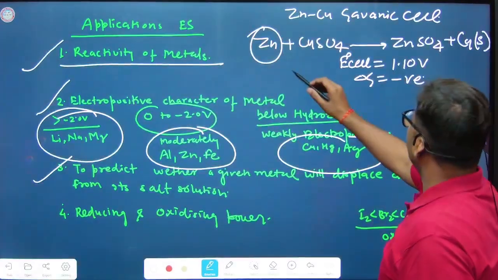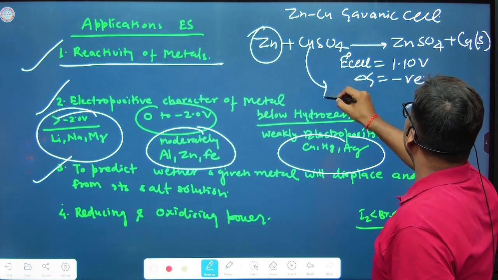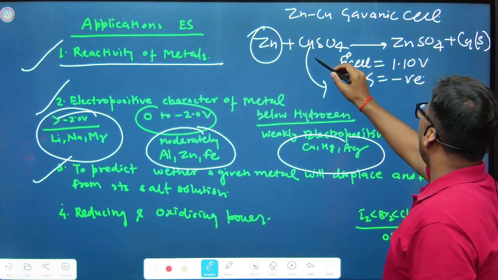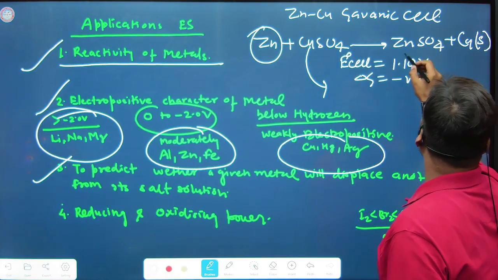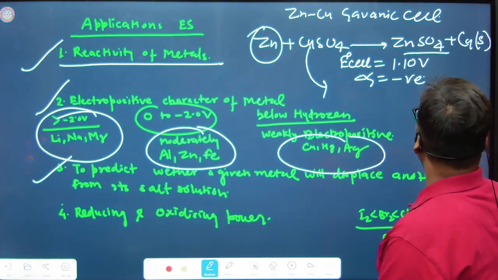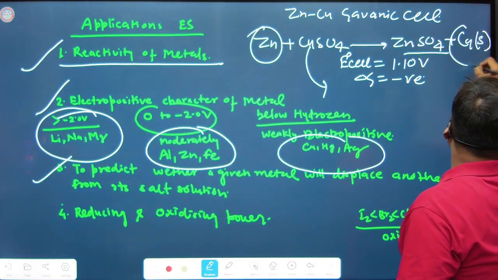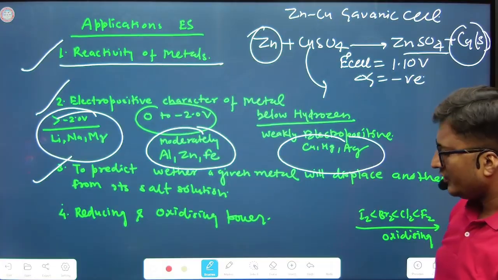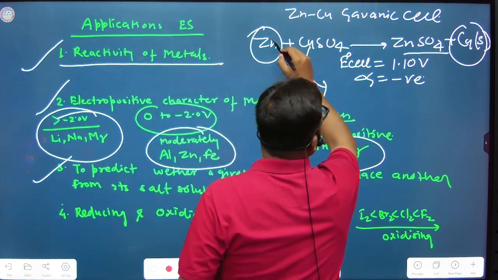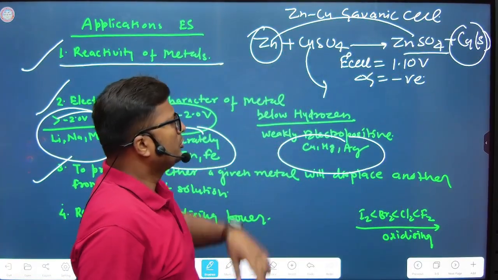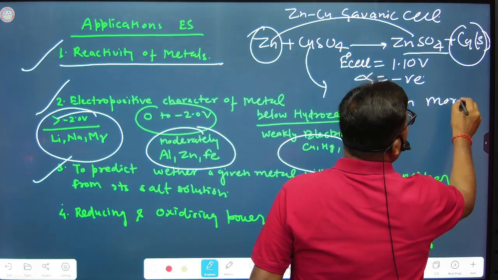So this zinc easily displaces the copper from the solution and itself attaches with the sulfate anion to form zinc sulfate, and copper is precipitated out as copper solid. Because it is oxidized easily, it is highly reactive.